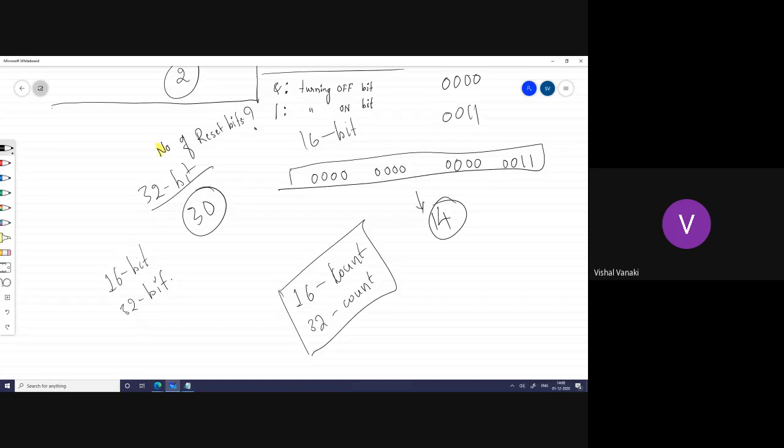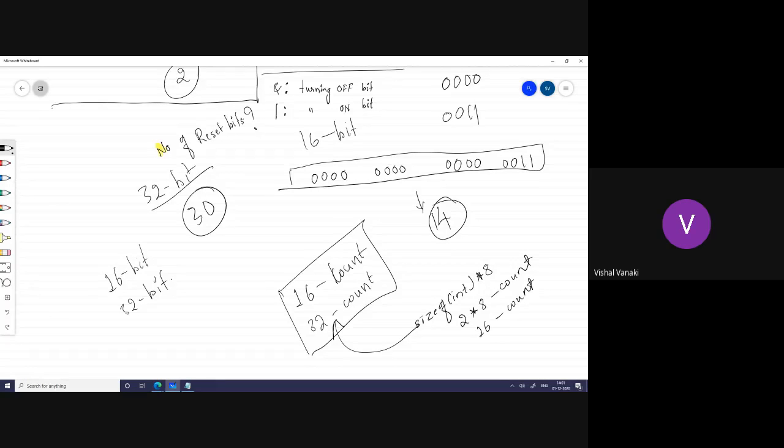My program should work for both compilers, isn't it? So what I will do here is find the size of integer multiplied by 8, because size of int will give the size in bytes. So 2 multiplied by 8 minus count, so 16 minus count. If it is a 32-bit compiler, it will give me this. As simple as that.